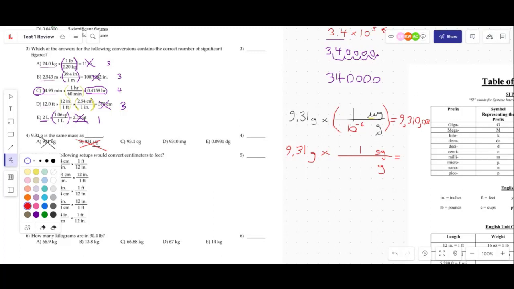Yeah, 0.01 or 10 to the negative 2. Either is fine. I'll put 0.01. That's easy. I divide by that. That gives me 931. Well, that's close, but no cigar. 931 centigrams is not 93.1, so that's not right.